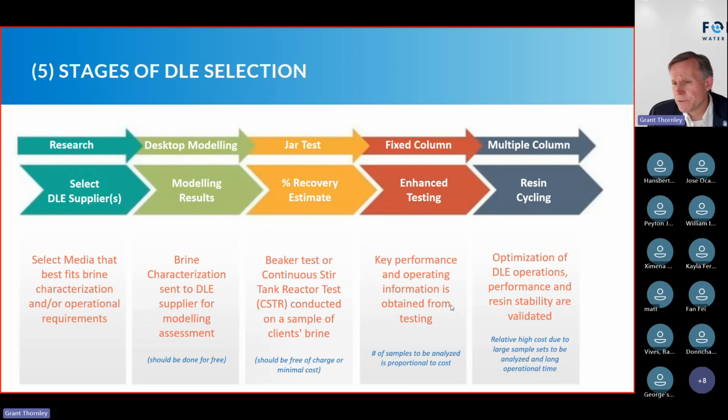If that all works out, and of course when you're doing this you're sometimes tweaking the pH, your flows, your temperatures to do some preliminary optimization. Next, if that works, then I'm going to go to resin cycling. For resin cycling, I'm going to use a carousel of fixed columns, typically 30, could be more, and it systematically cycles through.